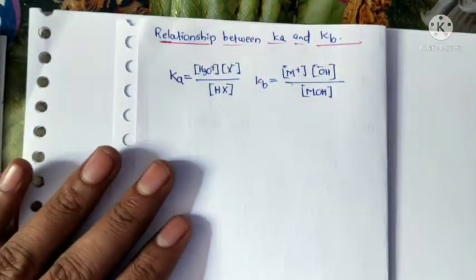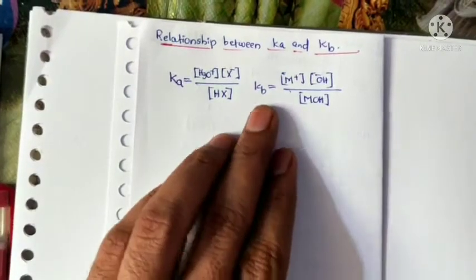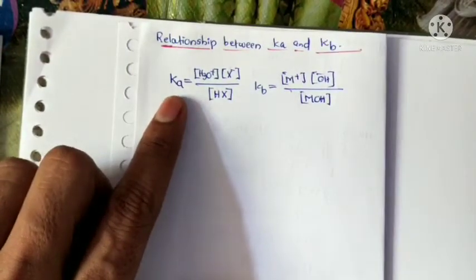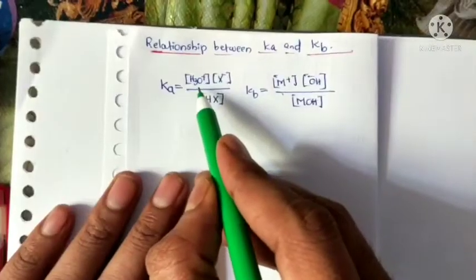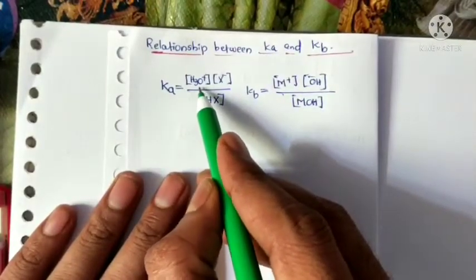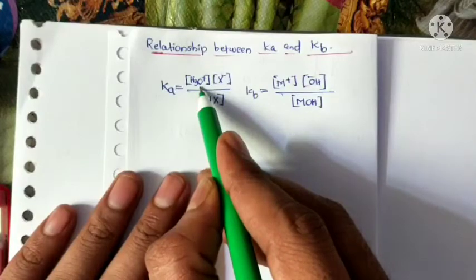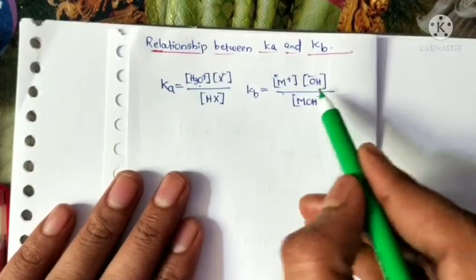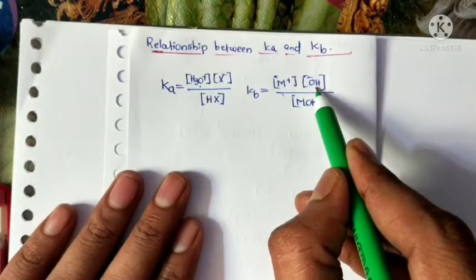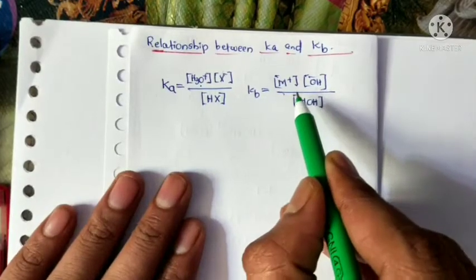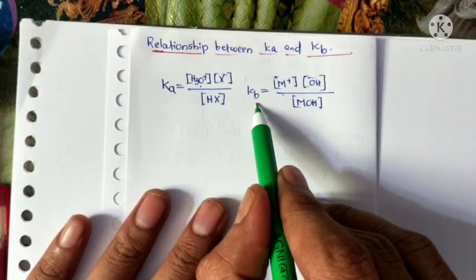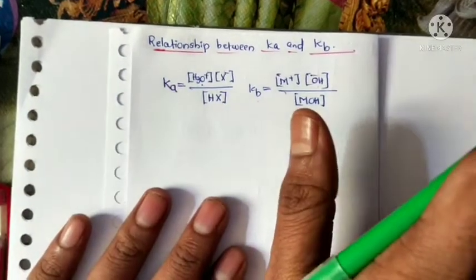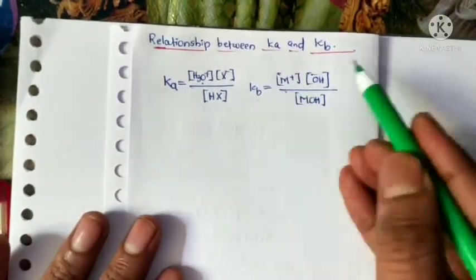This is the ionization constant of a weak base, and Ka is the ionization constant of a weak acid. So production of H+ ions indicates a weak acid, and production of OH- ions indicates a weak base. That is a simple indication, you remember that.